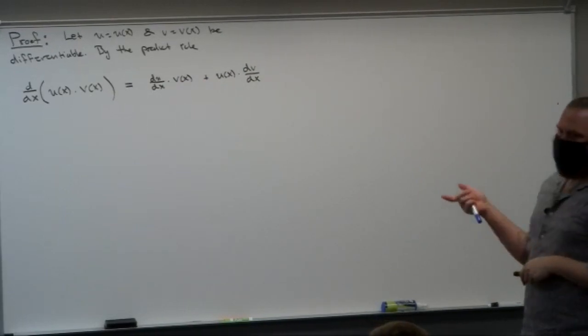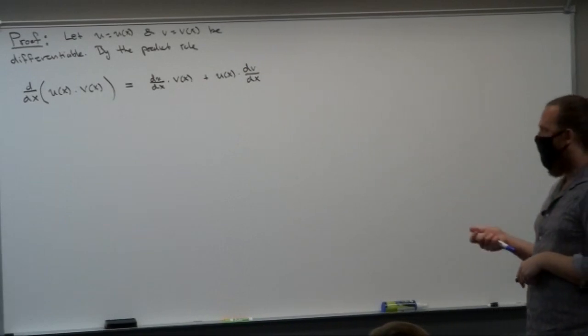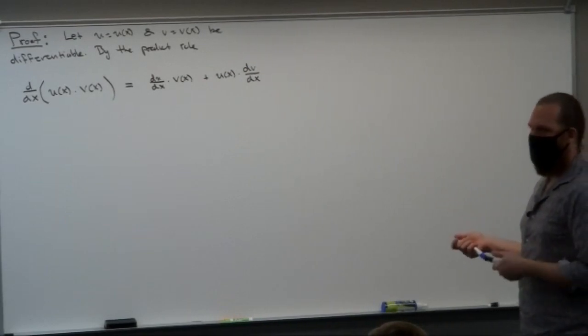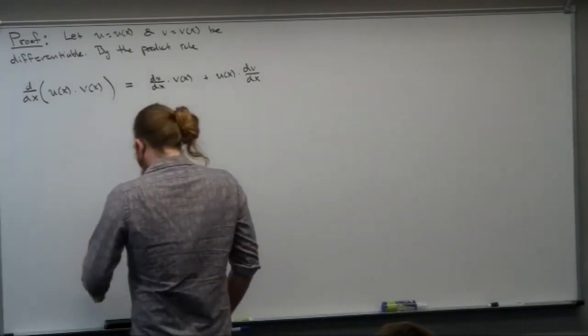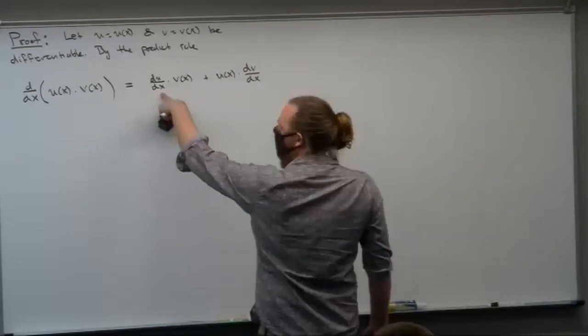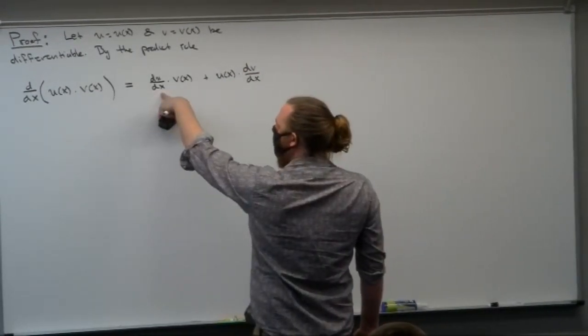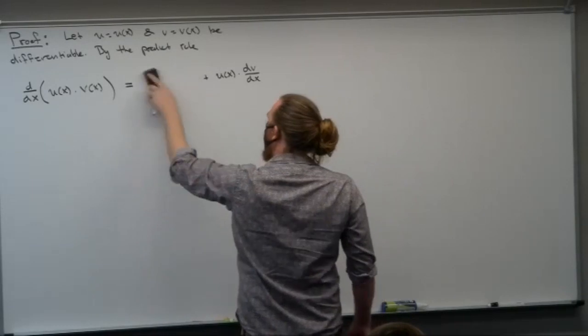If I want to pass from a rule about derivatives to a rule about integrals, I integrate on both sides. Let me, just to make things a little prettier, let me write this as v times du dx.